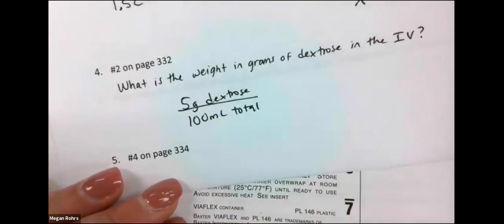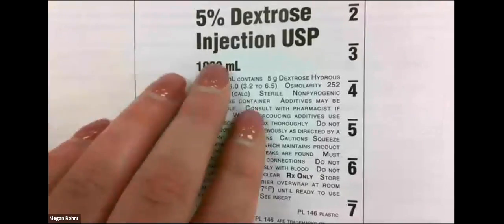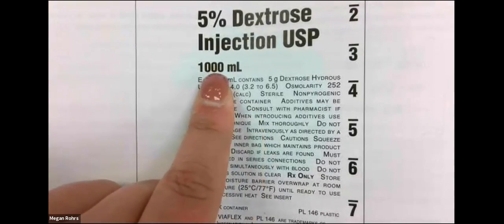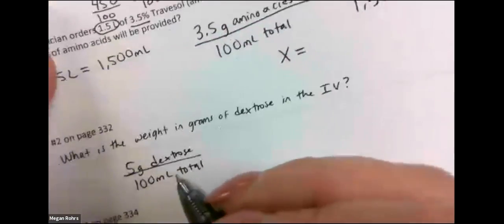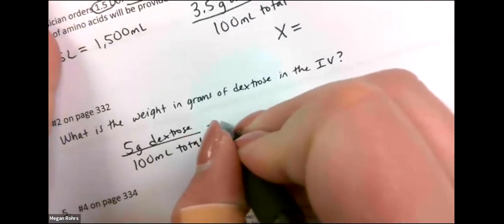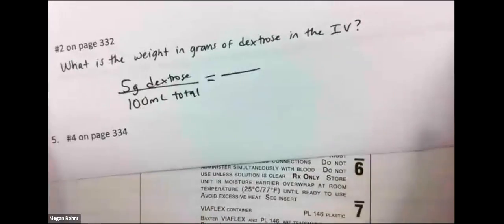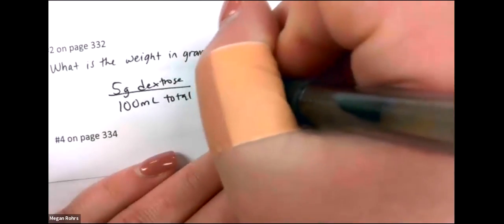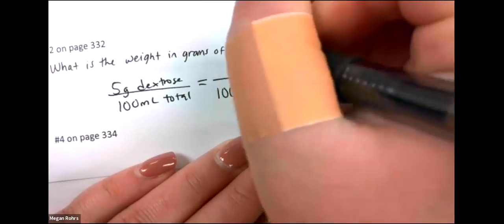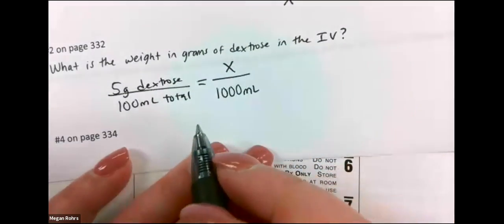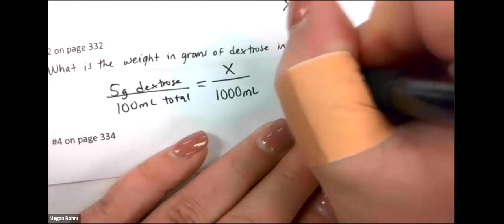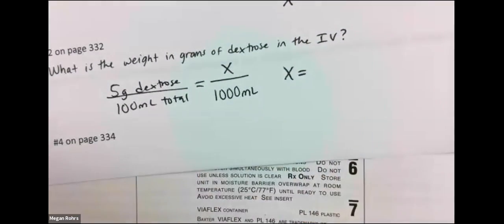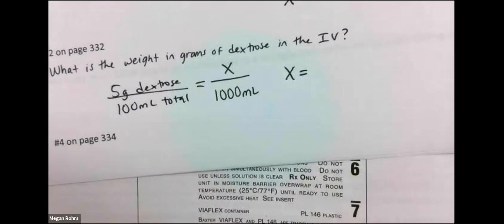So in the total bag, well, our total bag is 1,000 milliliters. So we're then going to set that equal to our total volume, which is 1,000 mils. And then we can solve. So go ahead and solve for x on your own, and then you can circle your answer.